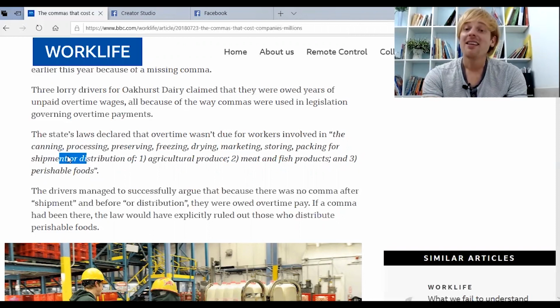Because of that, the company, a dairy company, a milk company, had to pay a whole new group of workers years of overtime money, all right? Millions of dollars. Why? Because their lawyer wrote the contract and didn't include a comma there, okay? One single comma, just this one thing, cost one company millions of dollars.